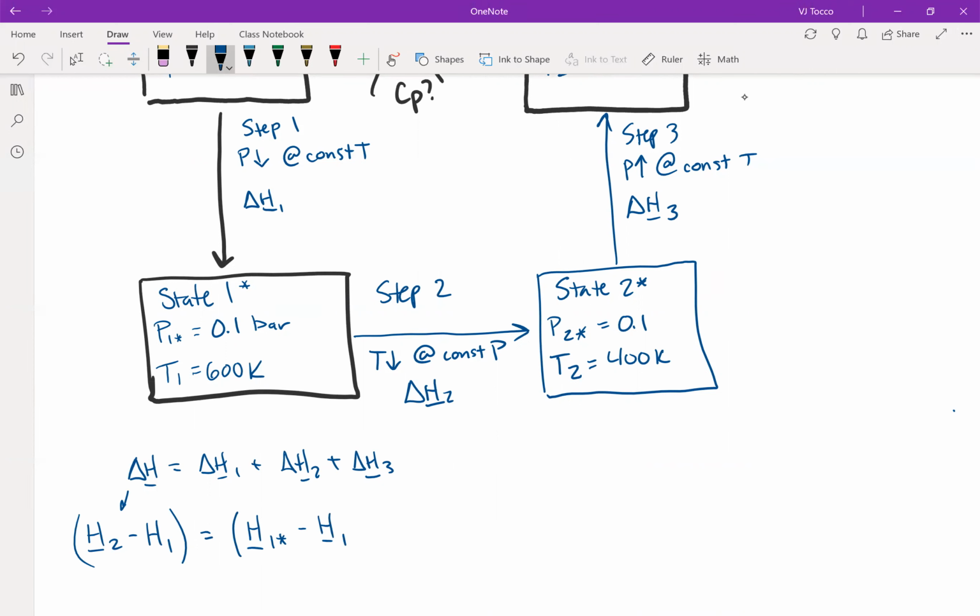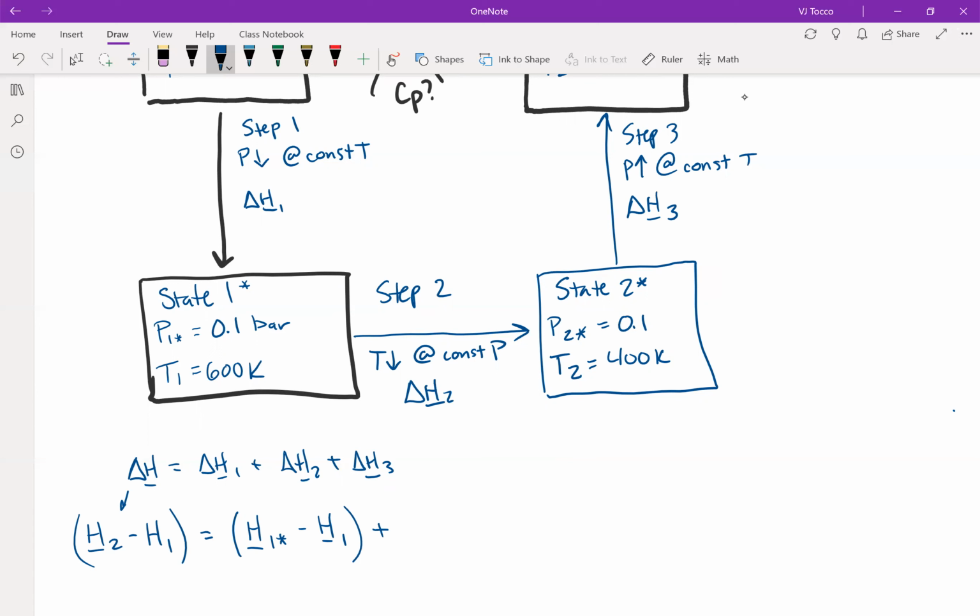Also, a quick note on the notation I'm using. I really don't like how Sandler does IG for ideal gas, so I like to use a star. In my mind, I think of a star when I think of ideal gas, and HIG is sometimes difficult to read, especially with handwriting. So I'm going to use stars for my ideal gases.